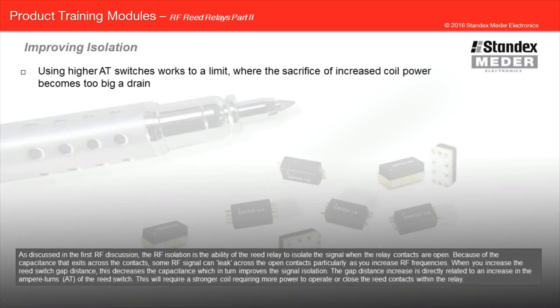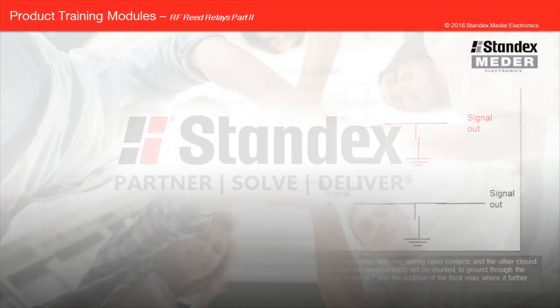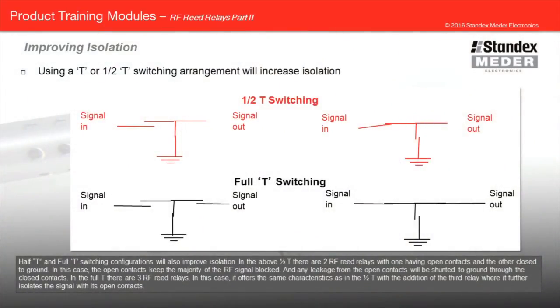When you increase the reed switch gap distance, this decreases the capacitance, which in turn improves the signal isolation. The gap distance increase is directly related to an increase in the ampere turns of the reed switch. This will require a stronger coil, requiring more power to operate or close the reed contacts within the relay. Half T and full T switching configurations will also improve isolation.